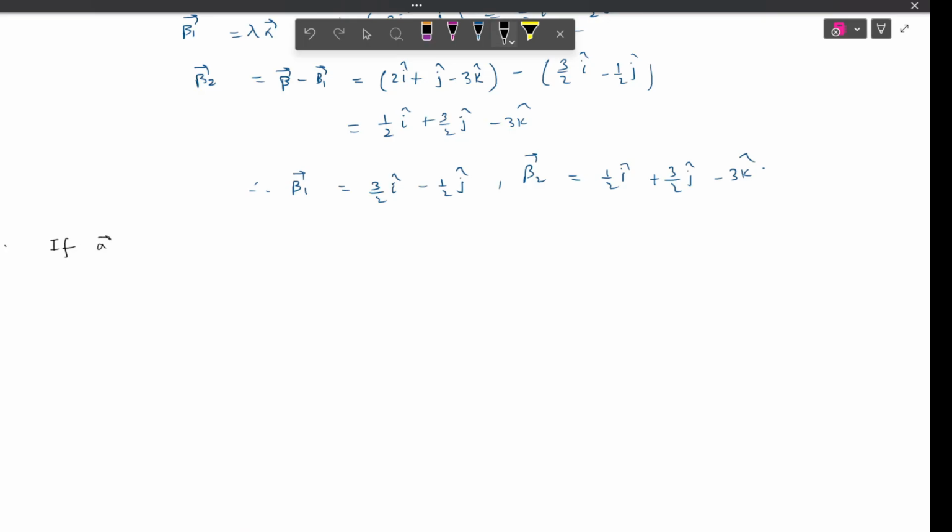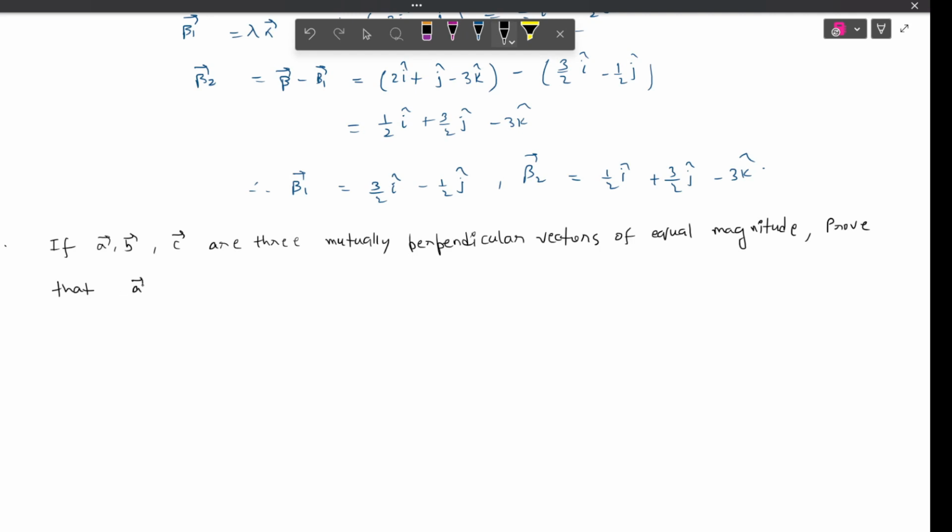If a vector, b vector, c vector are three mutually perpendicular vectors of equal magnitude, prove that a plus b plus c vector is equally inclined with vectors a, b and c vector.